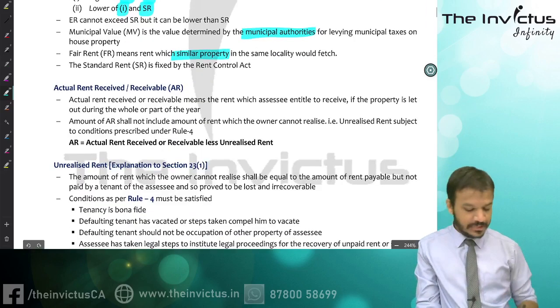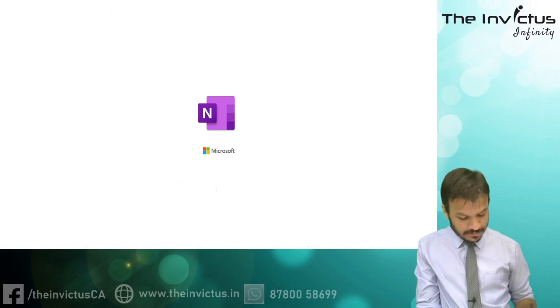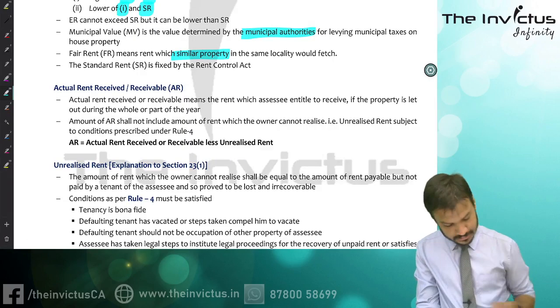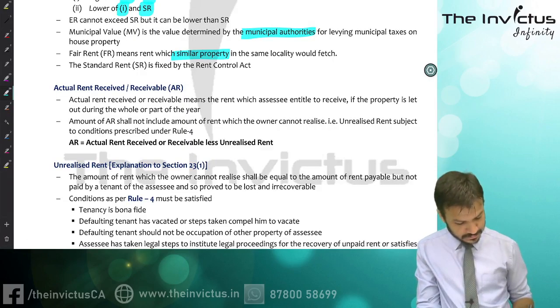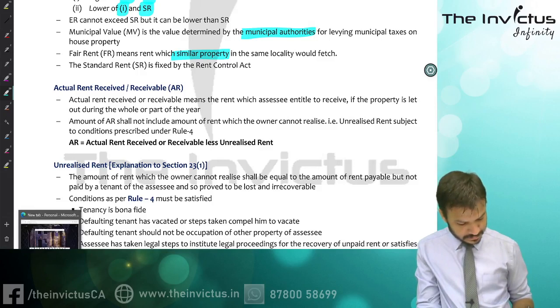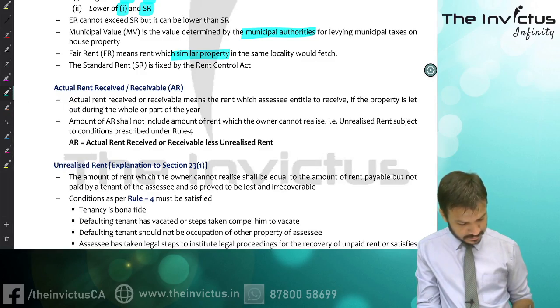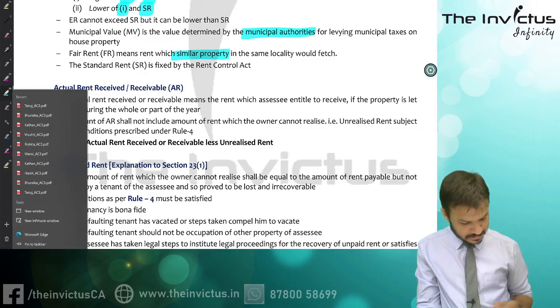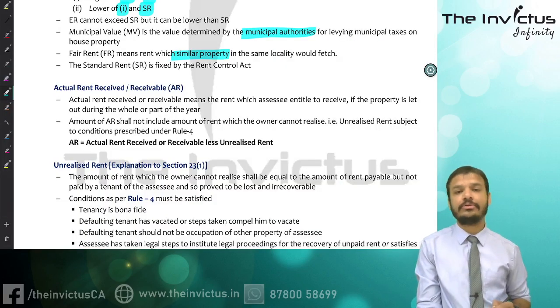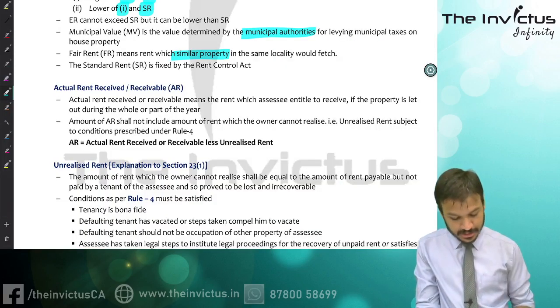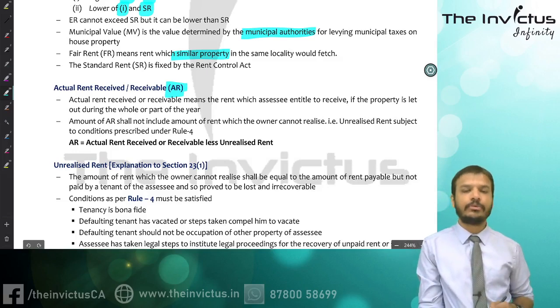Now going ahead, actual rent received or receivable, that is known as AR. Now I want to compute AR.